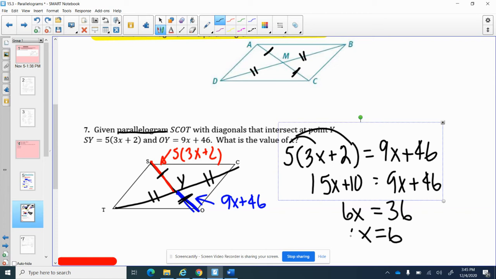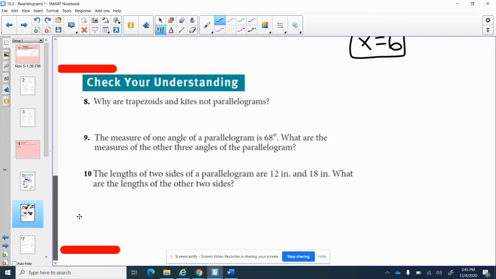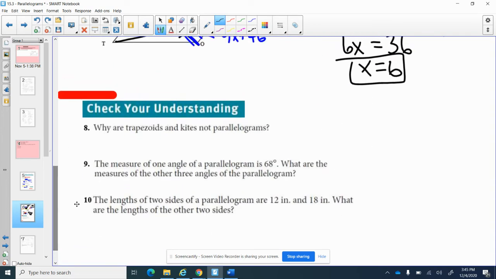So the next piece of this then is to stop and pause for a second to talk about all these properties we've now been over. We've talked about trapezoids and kites in previous lessons, and now we're talking about parallelograms. And we want to look at these and say, okay, why are they not the same thing? Well, the trapezoids and the kites do not have two pairs of parallel sides.